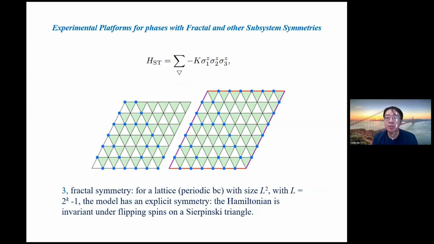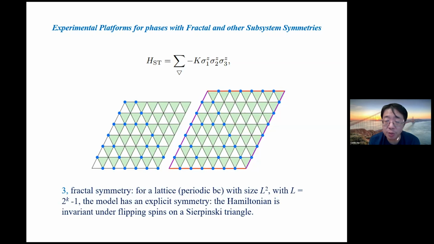Also, suppose we look at what exact symmetry the system has for this model. It turns out that if we define this model only with a periodic boundary condition, then with a certain system size, for example L equals 2 to the power k minus 1, this model does have an explicit symmetry. This Hamiltonian with L equals 2 to the power k minus 1 will commute with an operator.